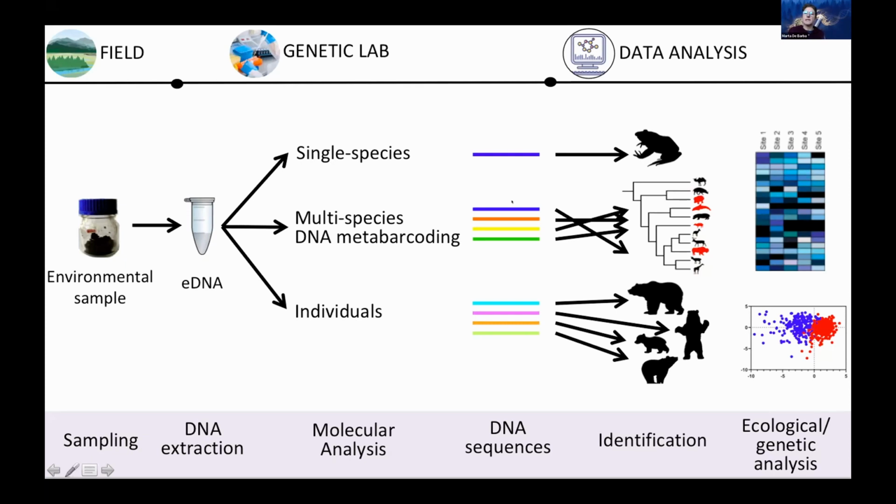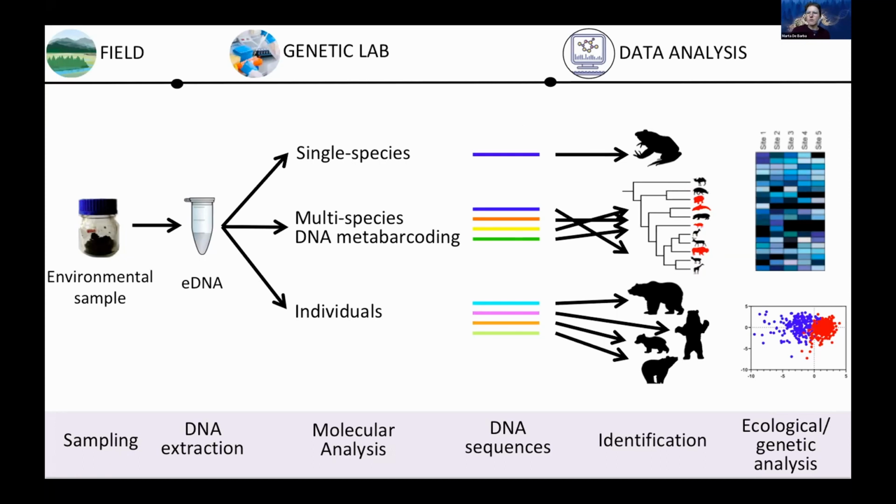And then we get DNA sequences, and these are informative and are used to identify the species or the many species that comprise a sample, or to distinguish between the various individuals of a species. And then these data are used for the subsequent ecological genetic data analysis.